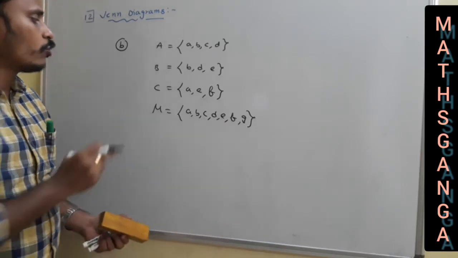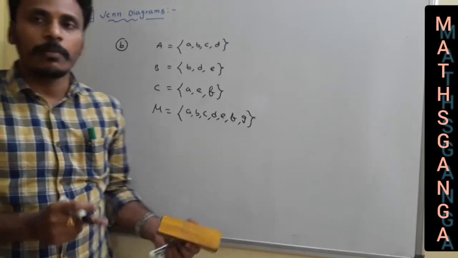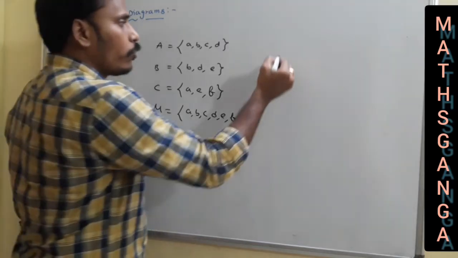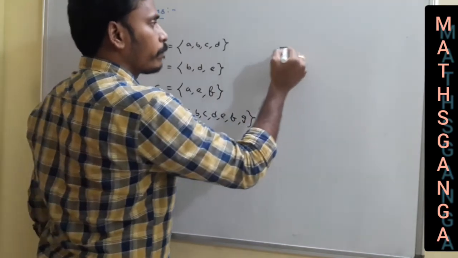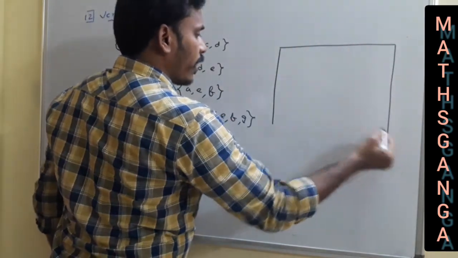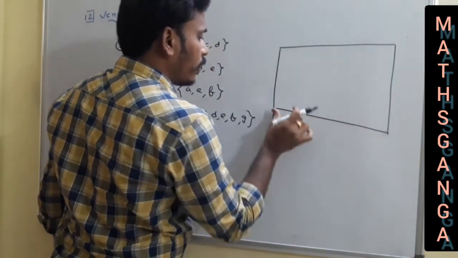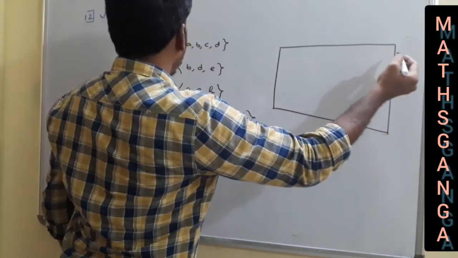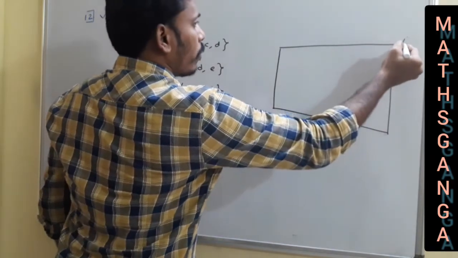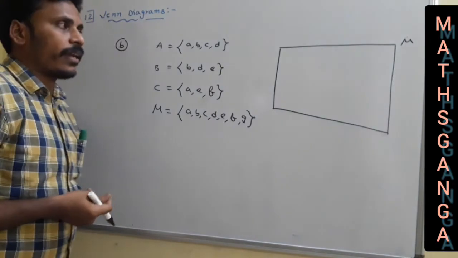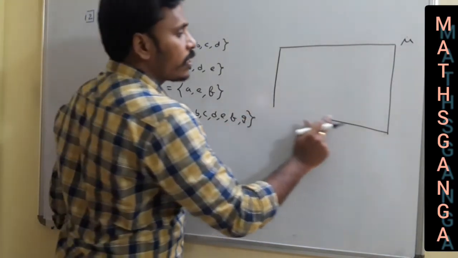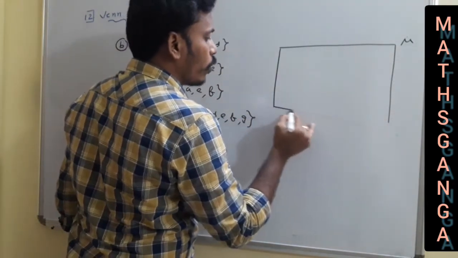As I mentioned, the universal set is represented by a rectangle. So you just take a rectangle and name it mu, since this rectangle represents the universal set.